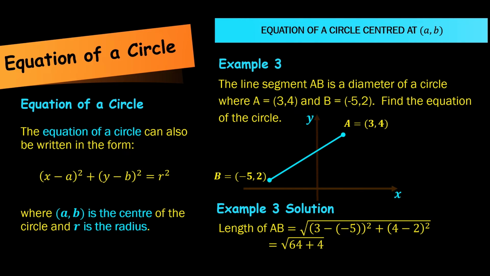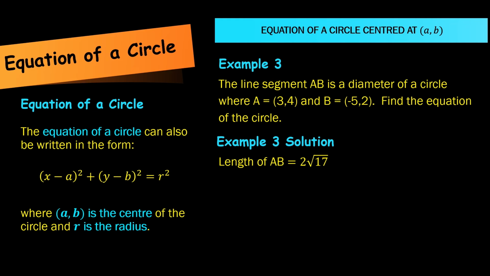And tidying up gives us that this equals the square root of 64 plus 4, which equals the square root of 68, which equals root 4 times root 17, and this, of course, equals 2 root 17. So the length of AB is 2 root 17.